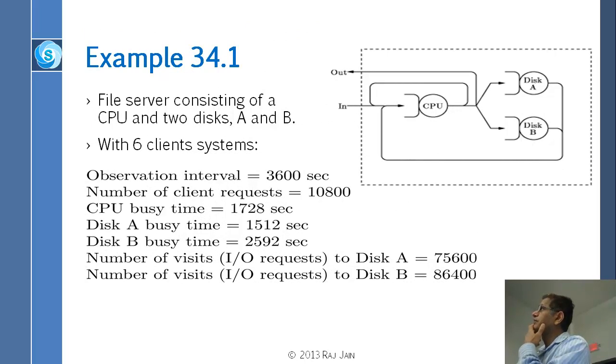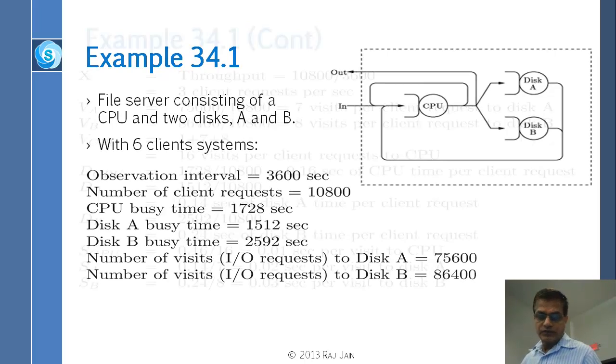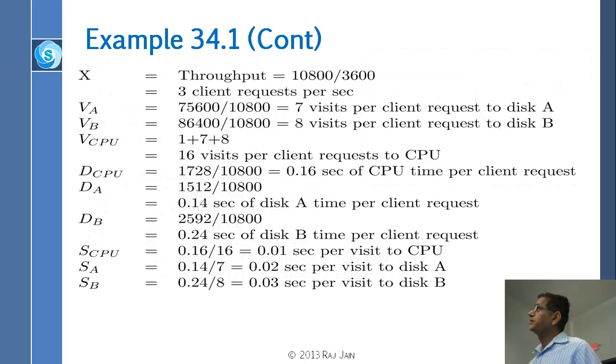And once you go out. So 1 plus visits to disk A and disk B, total 16 visits to the CPU. Total time at the CPU is from the busy time, 1700 seconds, divided by number of jobs. We can say each job takes 0.16 seconds. Similarly, at disk A, each job takes 0.14 seconds. Similarly, at disk B, each job takes 0.24 seconds.